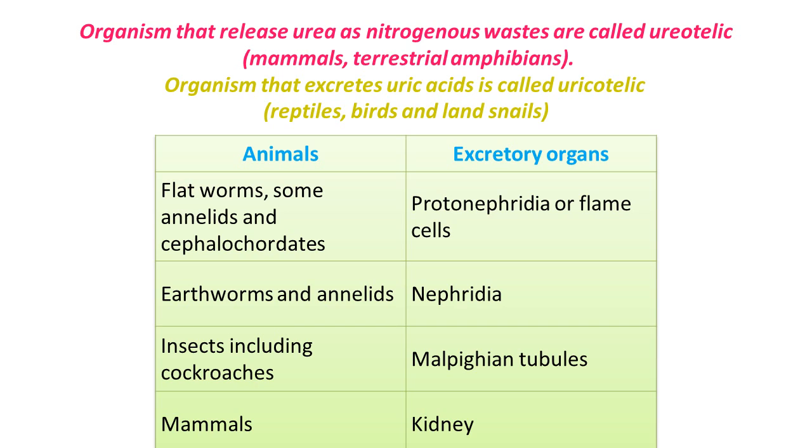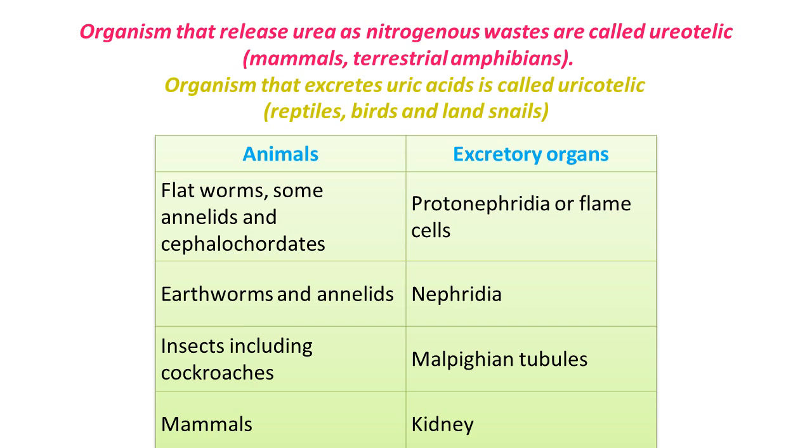So we can say ammonia produced by metabolism in these animals is converted into urea in the liver and released into the blood, which is filtered and excreted out by the kidney in ureotelic animals.